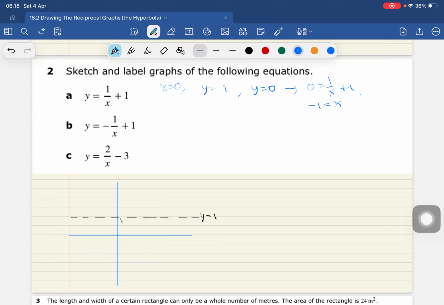So they intersect when x equal to negative 1, and here y is 0. The rest we can just draw. And here there is no intersection. So here we'll never touch the asymptote line, which is y equal to 1.